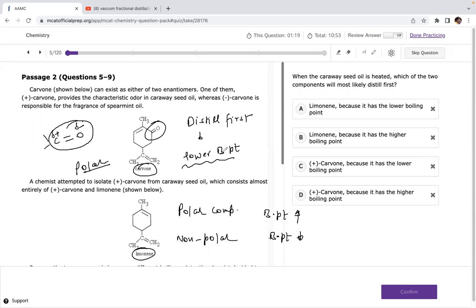So if the boiling point is high, then it will not be distilled first. So the answer should be limonene. It has a lower boiling point because it is non-polar. And if it is non-polar, it means lower boiling point. So you can see limonene, because it has a lower boiling point, can be distilled first. So the answer should be A.